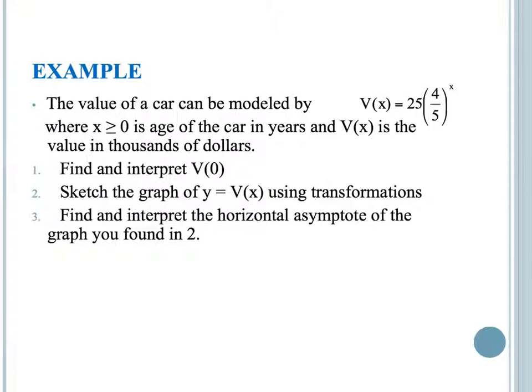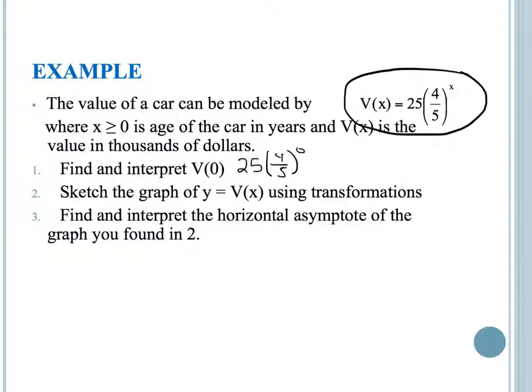So let's take a quick look at an example here of an exponential function, and the equation that we have over here we're going to use to talk about the value of a car. So if we wanted to find the value of the car at v of 0, we would plug 0 in wherever we have x, so we would take 25 times 4/5 to the 0.